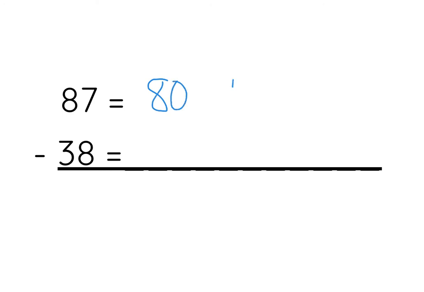So 80 plus 7. Notice I always leave spaces in between my tens and my ones so that it's not all squished together and so I can read my work. Check for your larger digit, and it's on the bottom again.